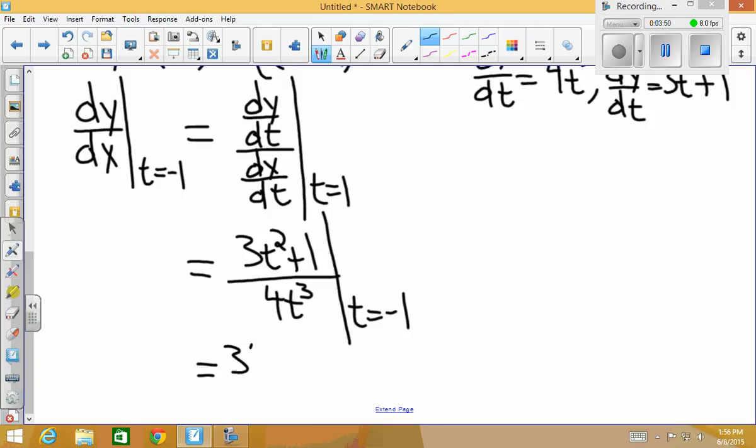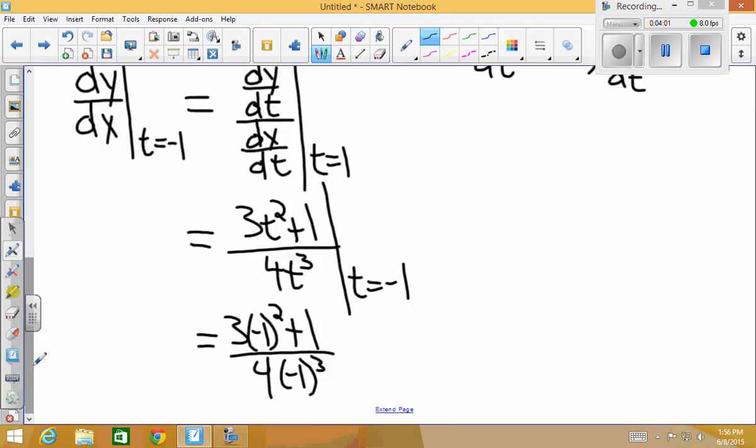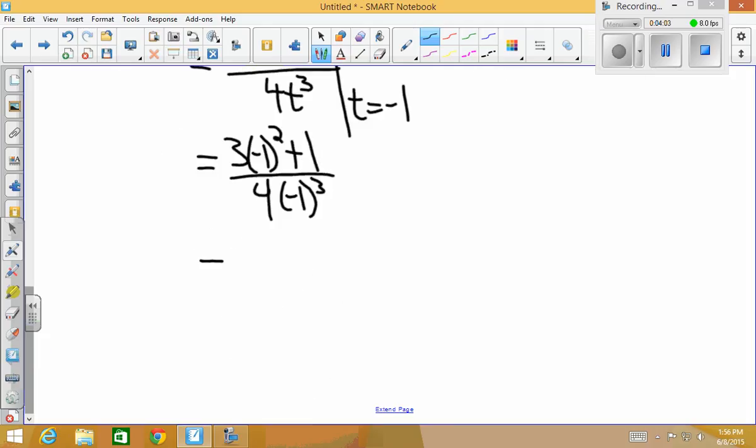So 3 times -1 squared plus 1, over 4 times -1 cubed. Simplifying, -1 squared is +1 times 3 is 3, plus 1 is 4. -1 cubed is -1 times 4 is -4. So our slope ends up being -1.